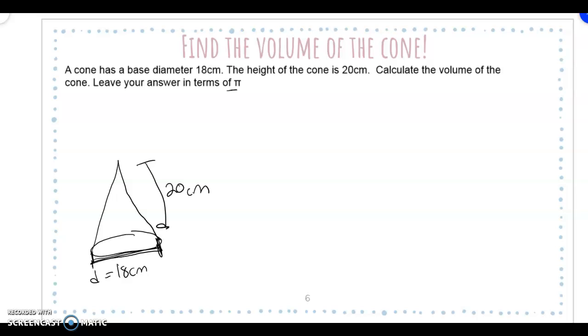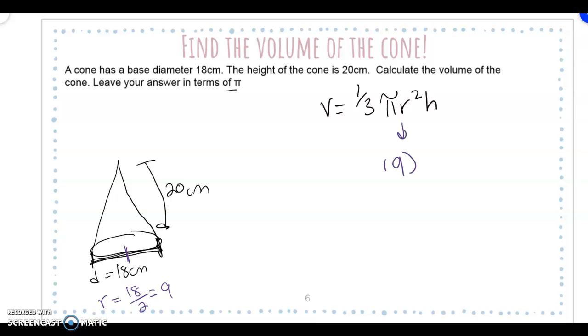So we're not going to multiply for our last step by 3.14. I know my formula: V equals 1/3 pi r squared times height. Since I know my diameter, I need to find my radius, meaning I need to cut 18 in half. If I cut it in half, each piece would be 9.